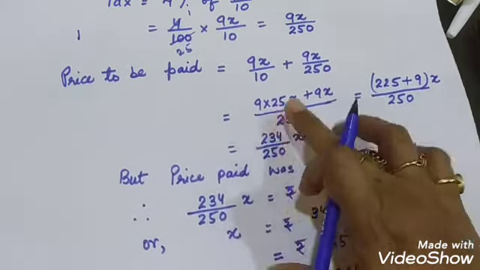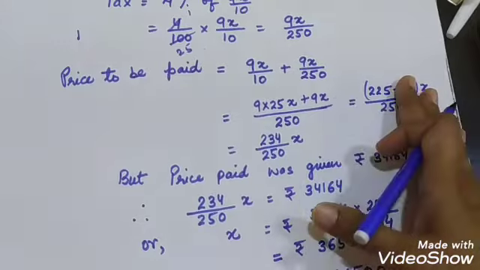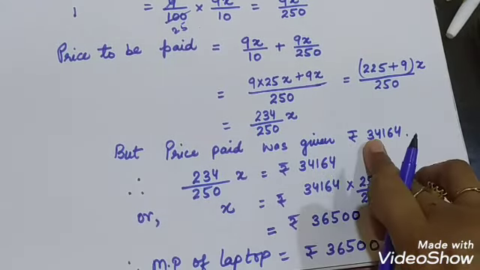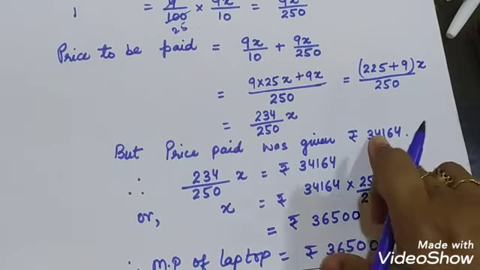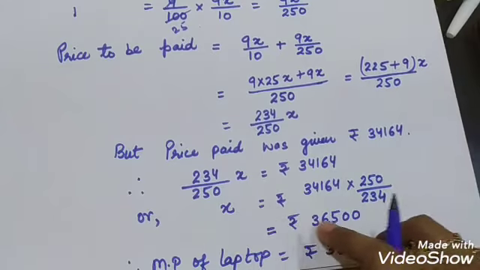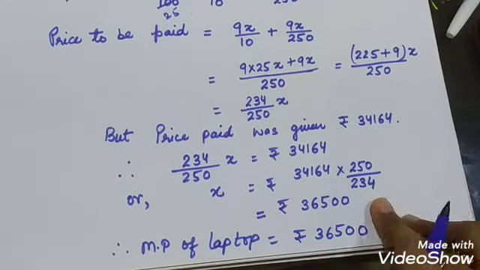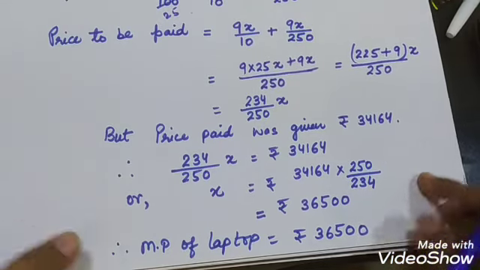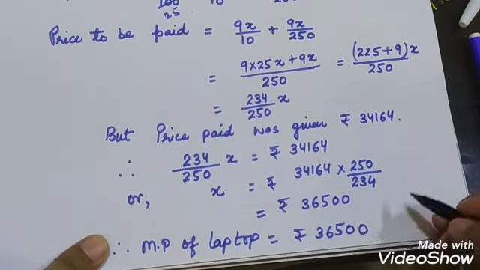That is the price to be paid after discount and tax. But it is given in the question that Vivek has paid the amount of this, which means this amount should equal this. When we compare them, we will get the value of x by rearranging the terms, and when you solve this, you will get the value as 36,500.